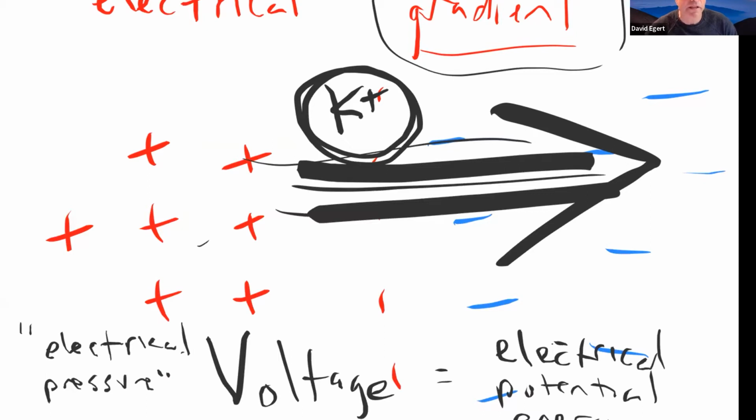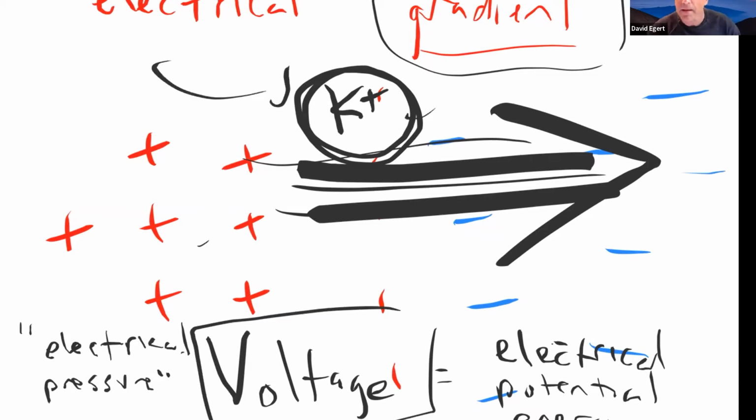So you can have potential energy stored in electrical gradients. That's going to be essential to understanding how cells, particularly excitable cells like neurons and muscle cells, do their thing. So we'll be spending a lot of time getting down into the details of voltage and how it affects forces on ions. What's another way to store potential energy?